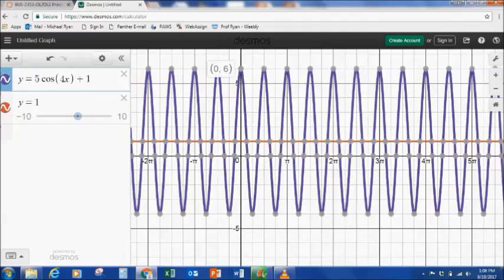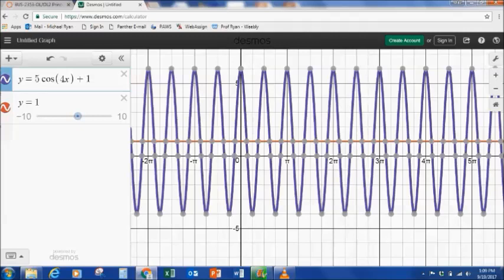And then we've already said this is cosine, and now cosine, instead of going up, down, up, goes down, up, and however many times it goes down, up from 0 to 2 pi, that's the frequency. So down, up, that's 1, down, up, that's 2, down, up, that's 3, down, up, that's 4. So the frequency here is 4. And so the function is 5 cosine of 4x in parentheses and then +1.